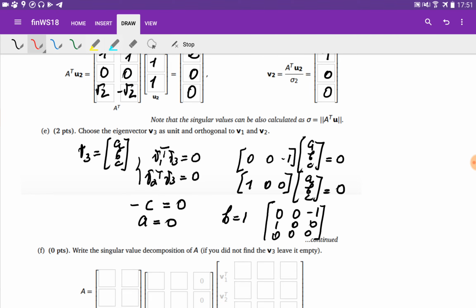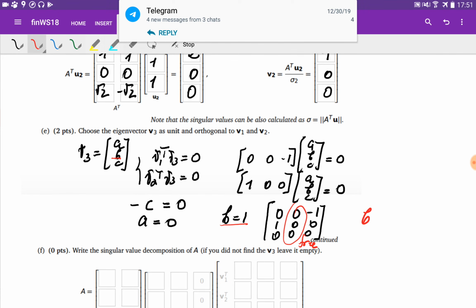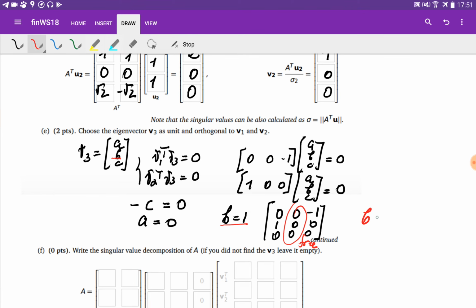In the first row, the first and the last columns have the pivots, and the second column is going to be the free column. That is why we are going to set the second variable to be equal to 1. So v3 is going to be equal to (0, 1, 0).